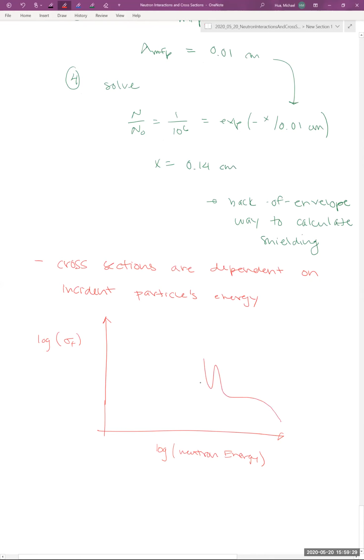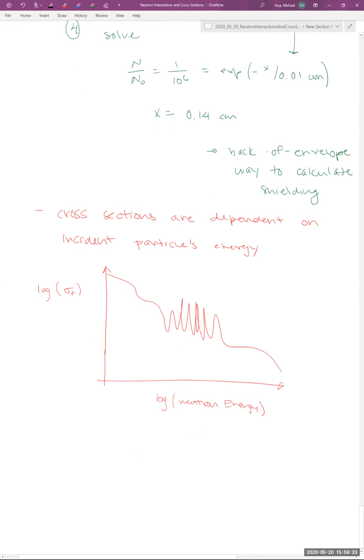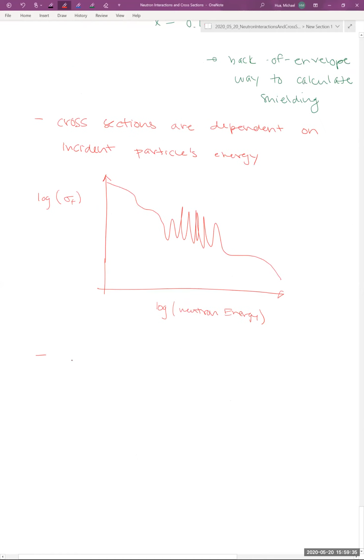There is some distribution here. And these values for any energy, we have to look them up. And I typically look them up with the Janis web app, which is a website, and you can load cross sections and get the information that you need.